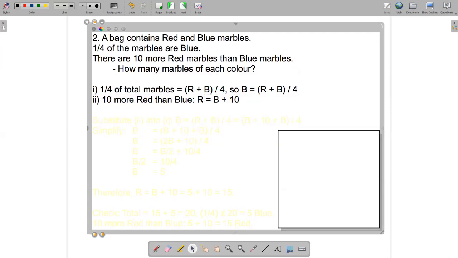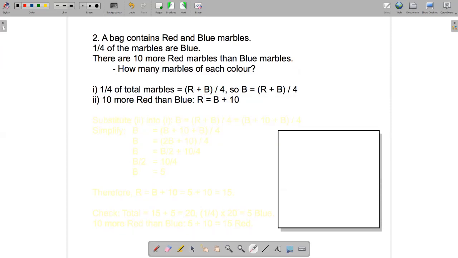Let's use the same strategy we used in the previous problem. We'll use this equation and substitute into it the value of R from the second equation. So we can see there's an R here. R equals B plus 10 in the second equation. So instead of R, we'll write B plus 10 here.